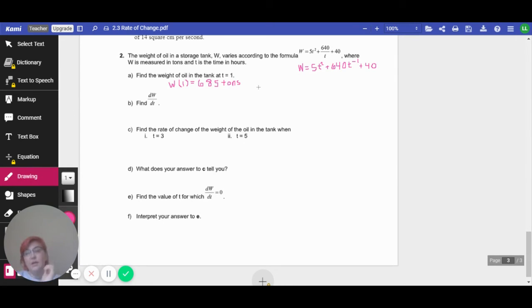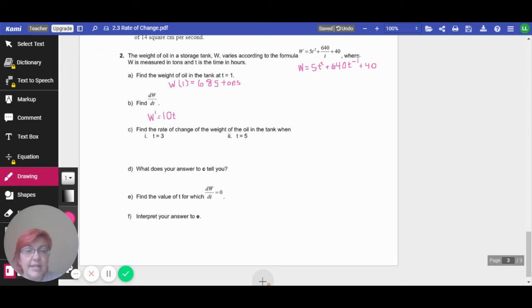Okay, let's find the derivative. dW over dt, or W prime, is equal to, n is 2, A is 5, 2 times 5 is 10, and t to the 2 minus 1 is just t, so we'll have 10t.